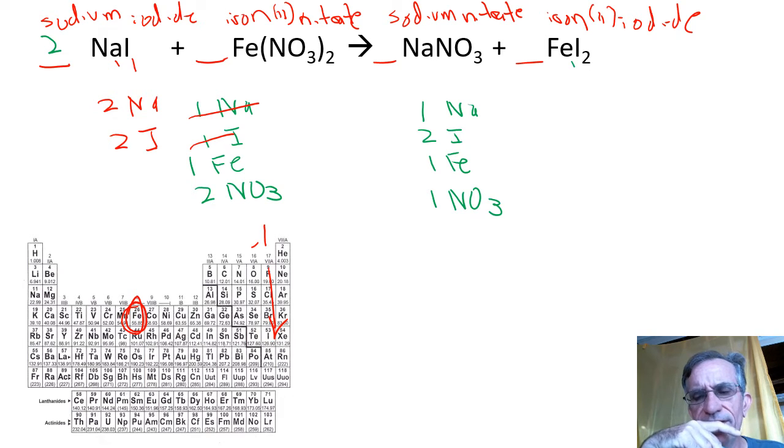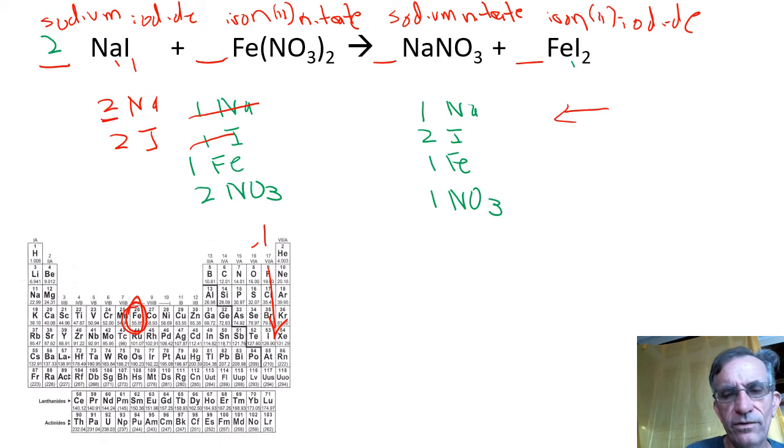There are actually 2 things that aren't matching up now. Sodium is goofed up, isn't it? 2 on the left, only 1 on the right. Nitrate is also goofed up. 2 on the left, 1 on the right. So you are going to need to fix both of those. The sodium isn't matching up, and neither is the NO3.